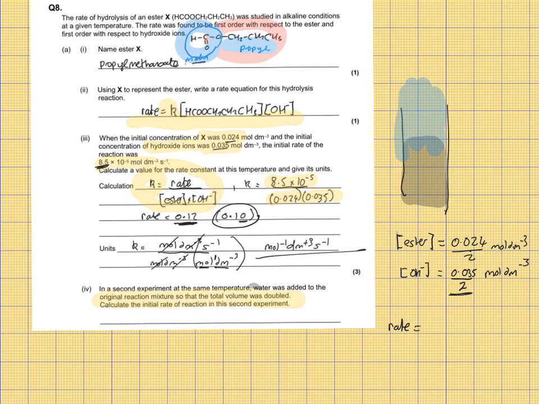So the rate constant is 0.10 times the new concentration of the ester, which is 0.024 over 2, which is now 0.012, times the concentration of the hydroxide ions, which is 0.035 over 2, which comes out at 0.0175. So the new rate, the units we know are moles per dm cubed per second, is 2.1 times 10 to the minus 5 moles per dm cubed per second.